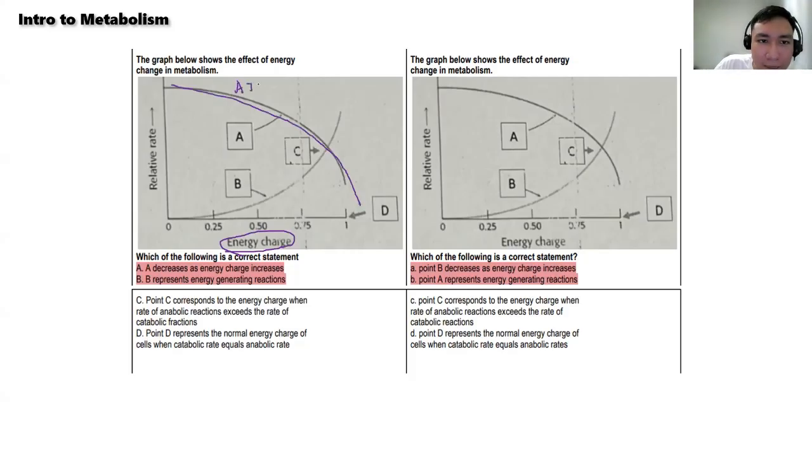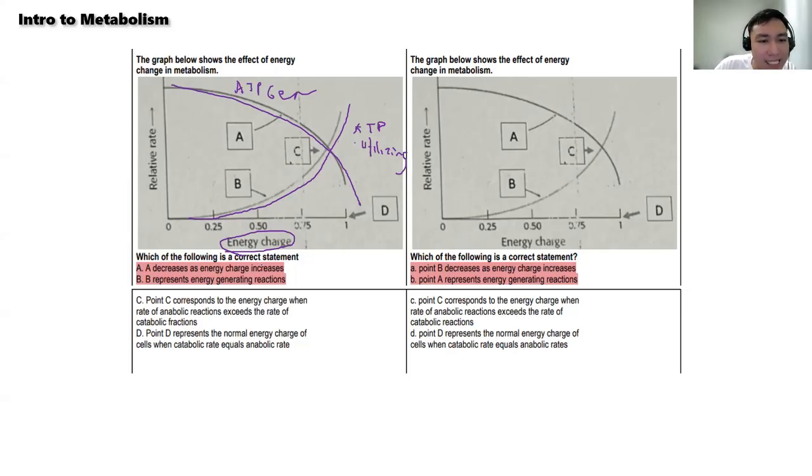It will decrease. Kasi hindi mo na kailangan mag-generate ng ATP, mataas na nga yung energy mo eh. Pero, kapag mataas ang energy mo, you want to use that energy for ATP utilizing pathways. Okay? So, yun yung graph na to. Itong paakyat, ATP utilizing and ATP generating program.